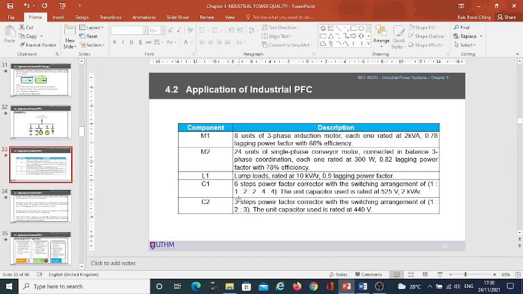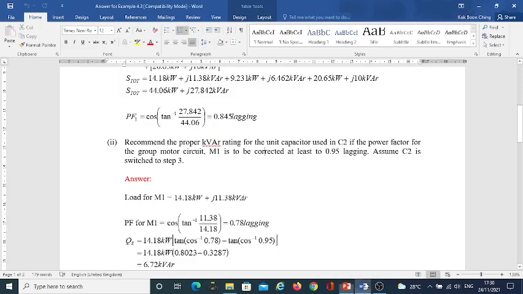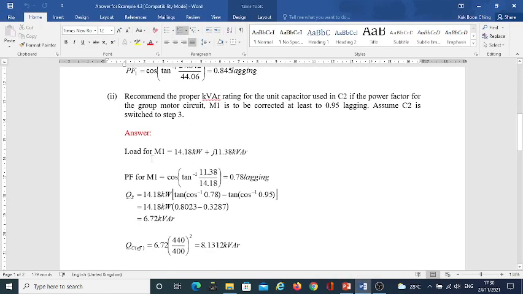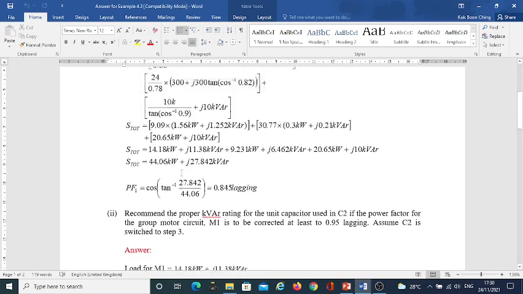C2 only has 3 steps: 1, 2, 3. So when it is switched to step 3, the total units used is 3 plus 2 plus 1, so the total is 6 units. The load for M1 we calculated just now.